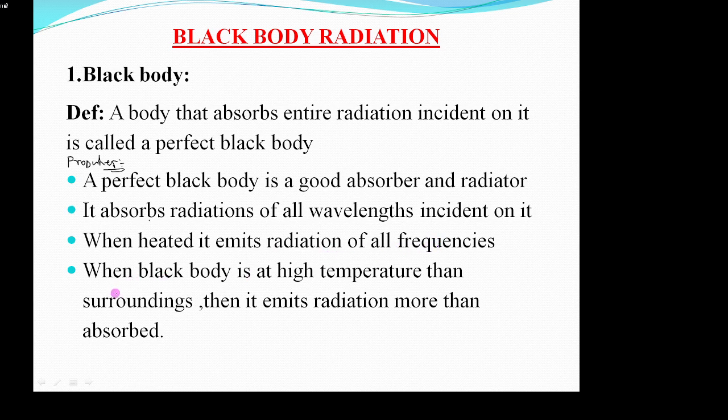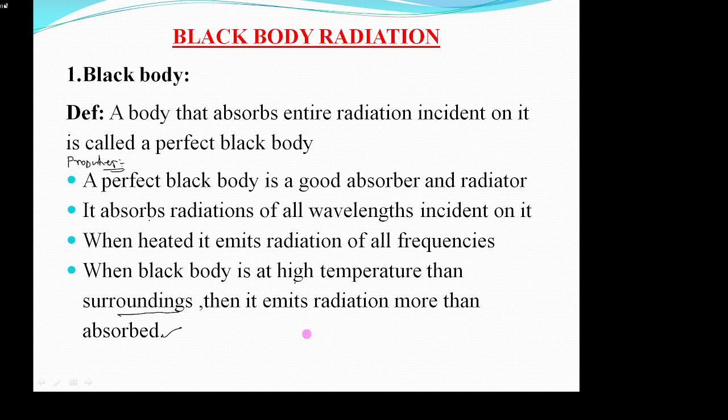Next, when the black body is at high temperature, means when the temperature of the black body is more than its surroundings, then it emits radiation more than absorbed. Means it can emit radiations more than whatever it has absorbed.